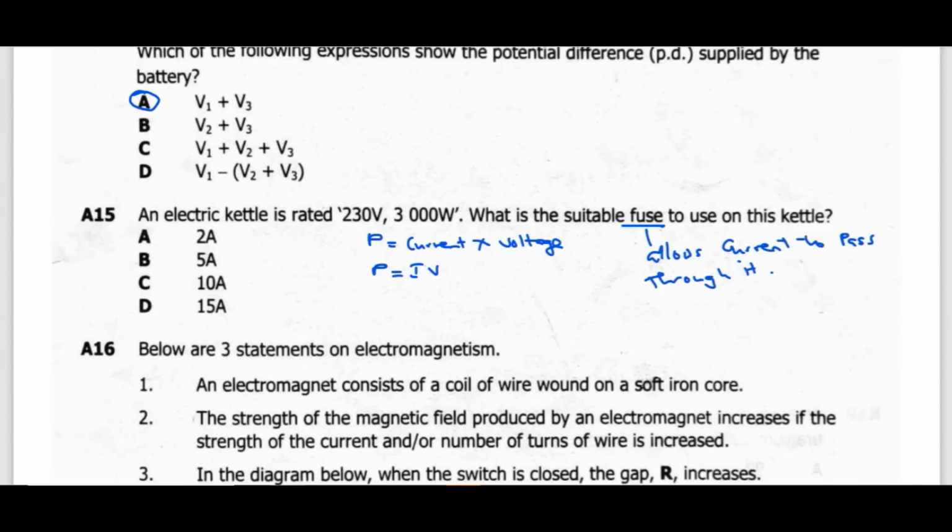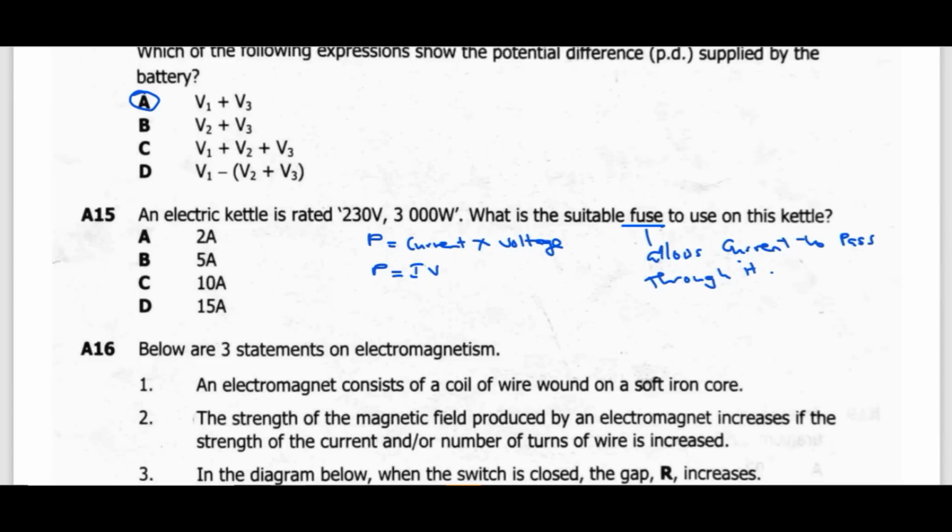Now what are we looking for here? We want to find the current which passes through the fuse. So power, we've been given power, and we've been given voltage there.